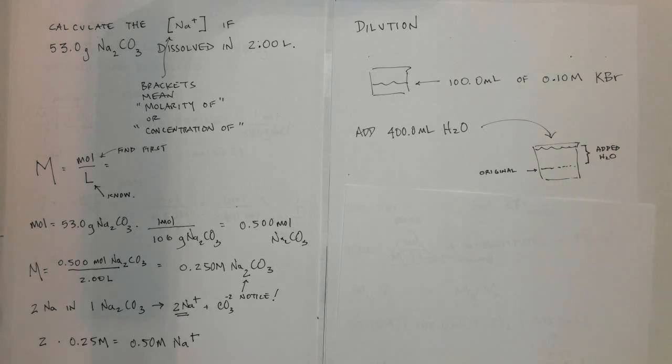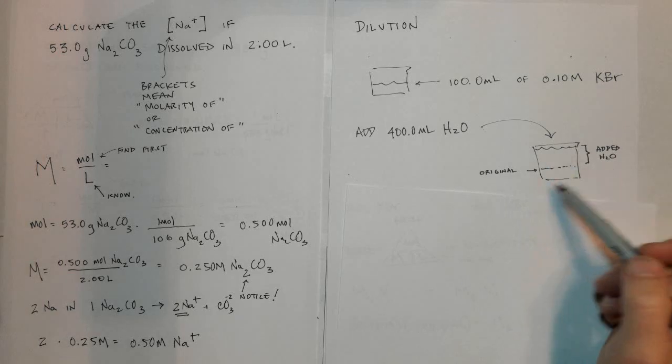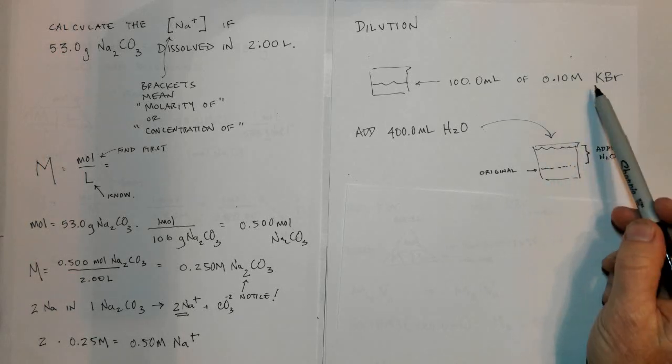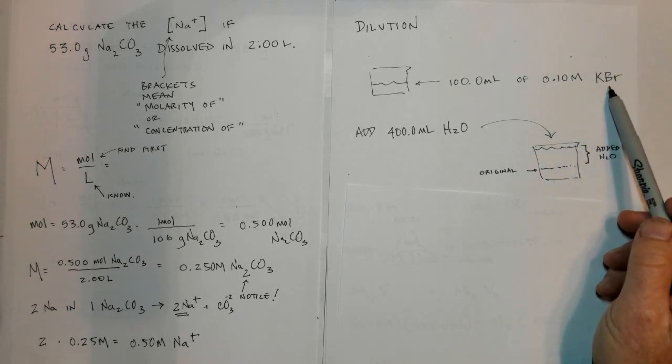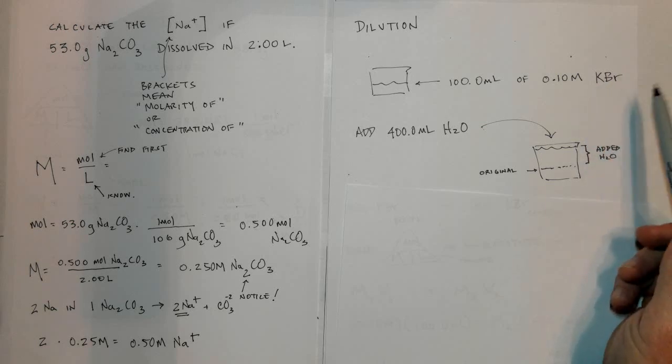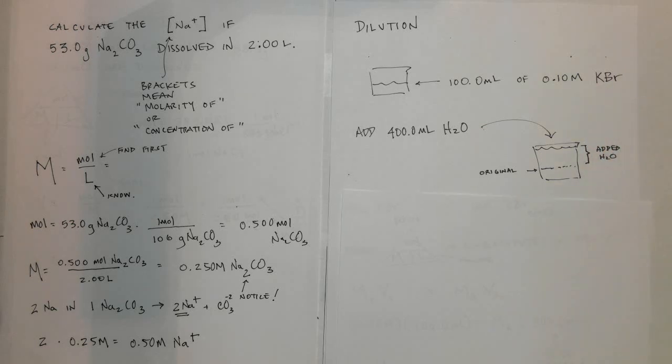Remember, a solution is always a homogeneous mixture, which means it's the same throughout, so the water goes everywhere. And it simply spreads out the KBr, or the K plus and the Br minus ions.